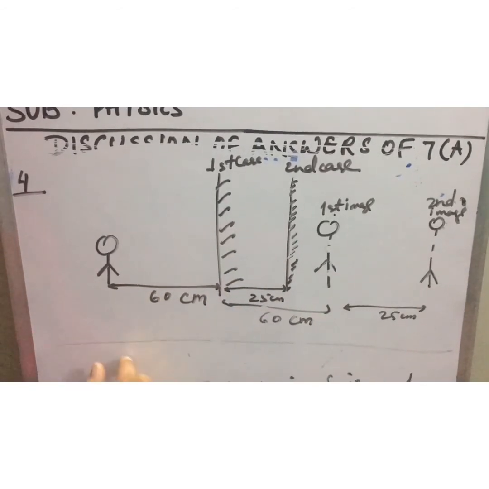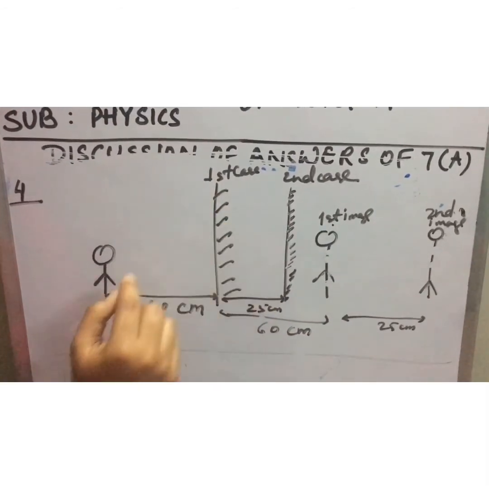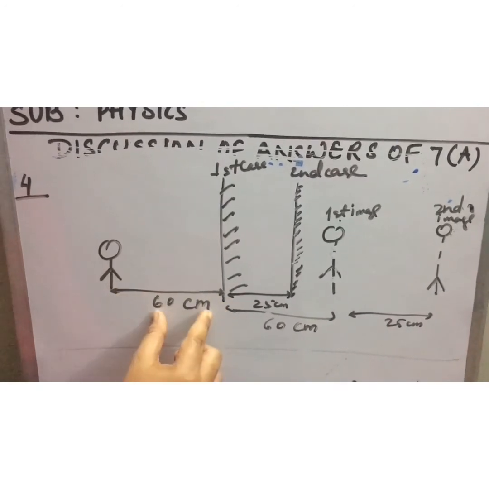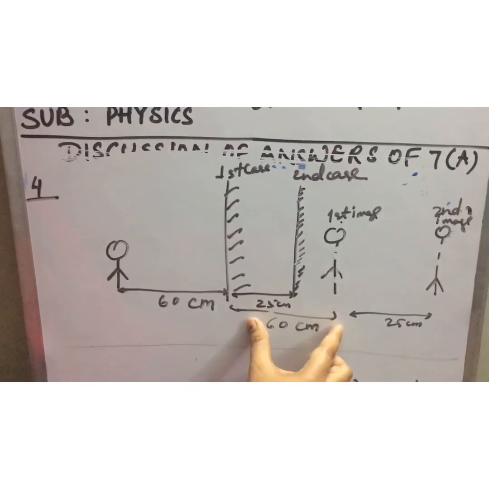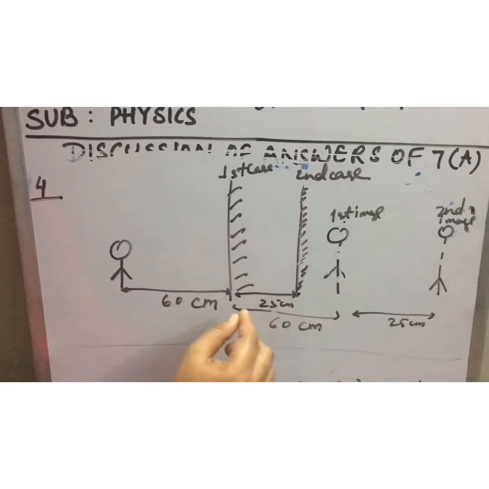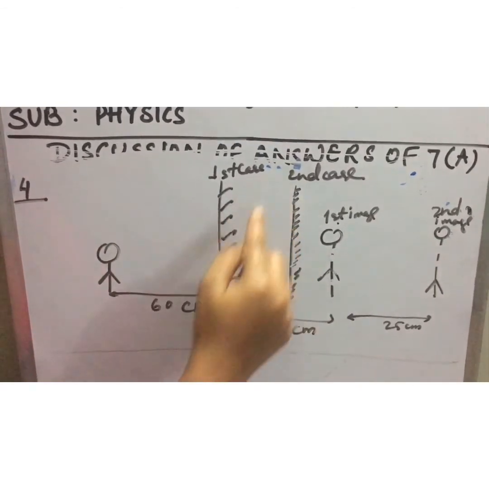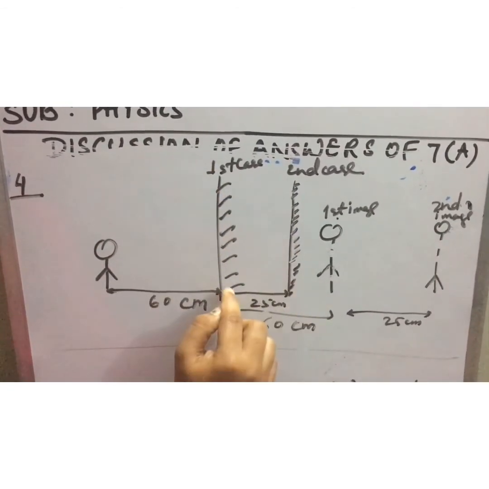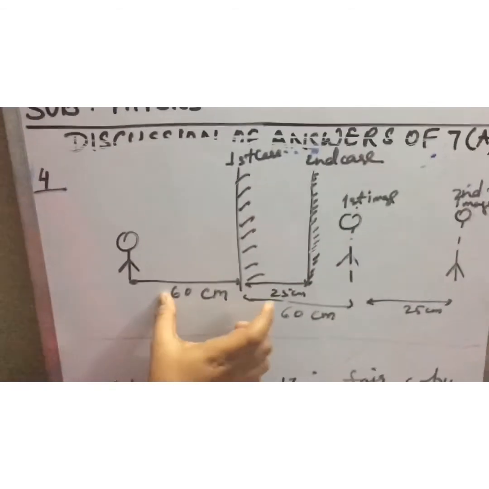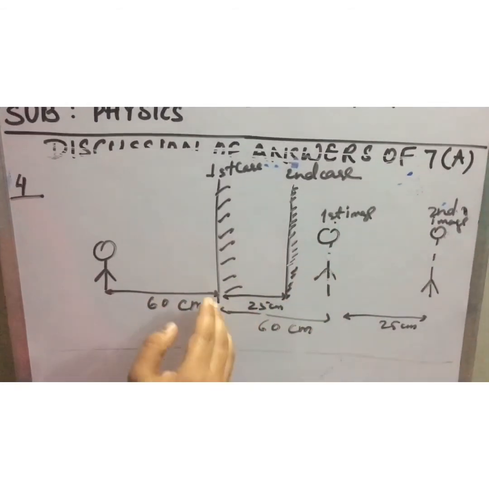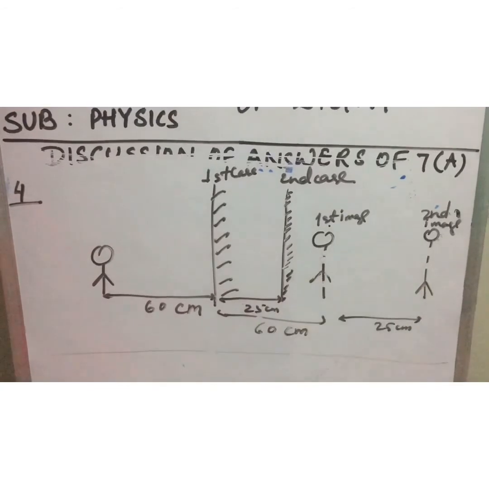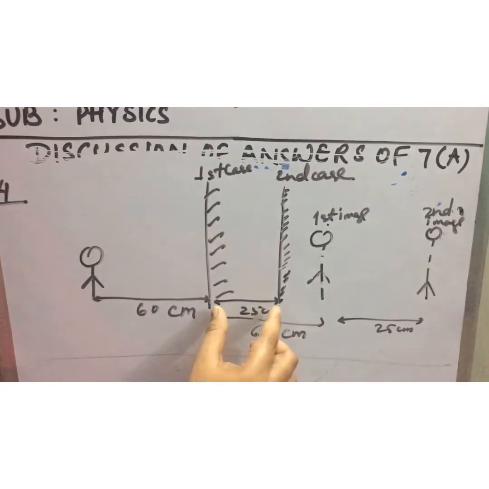Now in the first case, when the distance between the object and the mirror was 60 centimeters, the image was also forming at a distance of 60 centimeters from the mirror. But now in the second case, the mirror is moved 25 centimeters away, that means 60 plus 25, away from the object. Now where is the image formed? 25 here, 25 here.